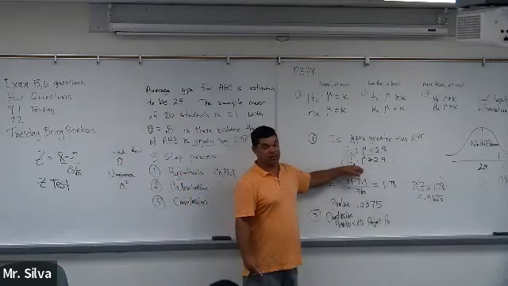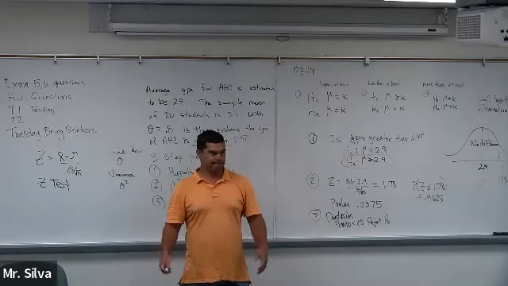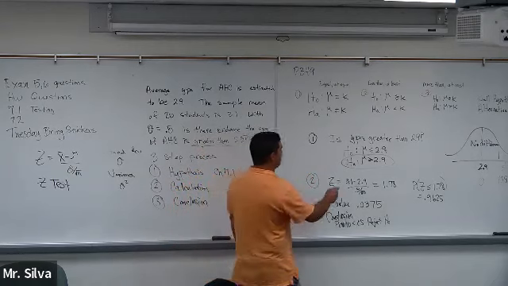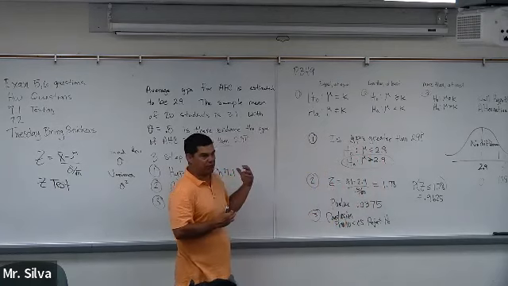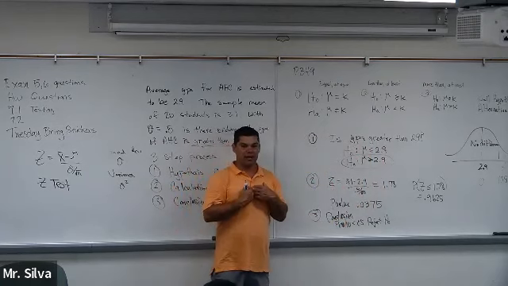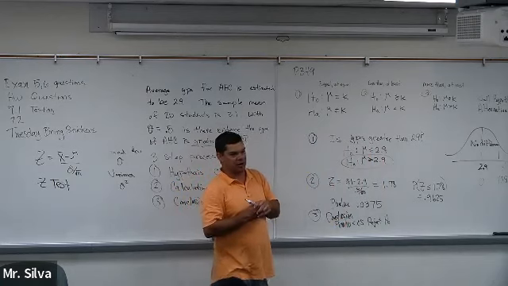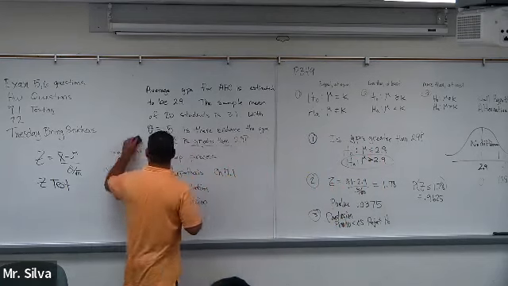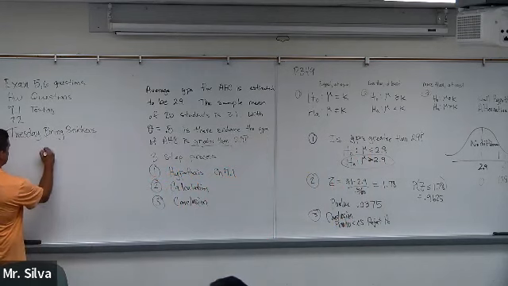If I reject what I shouldn't have, that's called a type 1 error. I made a mistake. If I fail to reject, if I say, oh, the average GPA is 2.9, when I should have rejected because I had a small sample size, or my mean was just different than what the population is, that's called a type 2 error. Okay, so rejecting or failing to reject, those are type 1 and type 2 errors. So you'll encounter this when you go through 7.1.